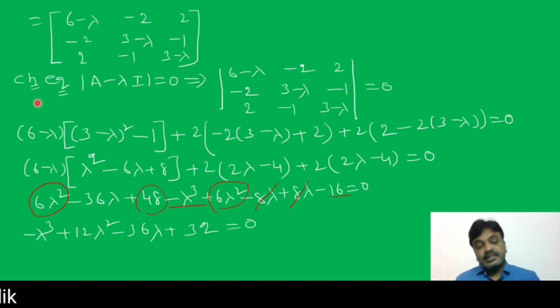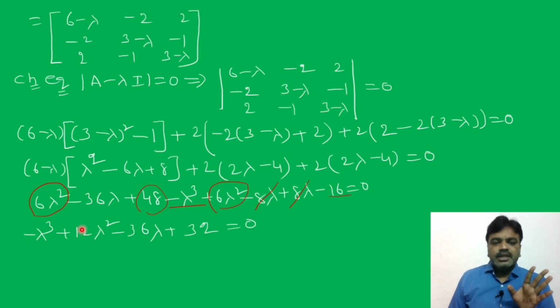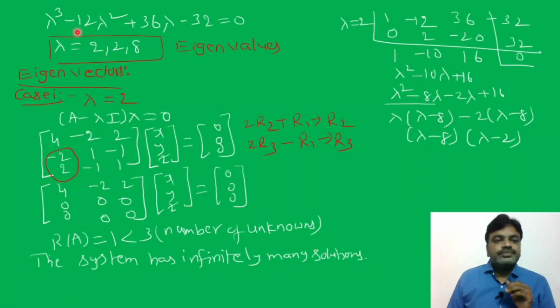The second step is the characteristic equation, that is determinant of A minus lambda I equal to 0. Expand the determinant in descending order, we get the equation lambda cube minus 12 lambda square plus 36 lambda minus 32 equal to 0. You solve this equation, we get the roots 2, 2, 8. These roots are called eigenvalues.